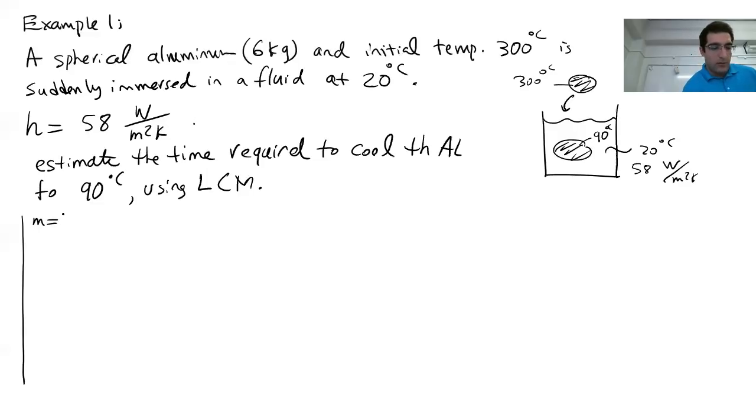Let me go ahead and summarize the information we have. Mass is 6 kilograms, the mass of the object. Ti, the initial temperature of the object, is 300 degrees C. T infinity, which is the fluid temperature, is 20 degrees C. h is given, 58.